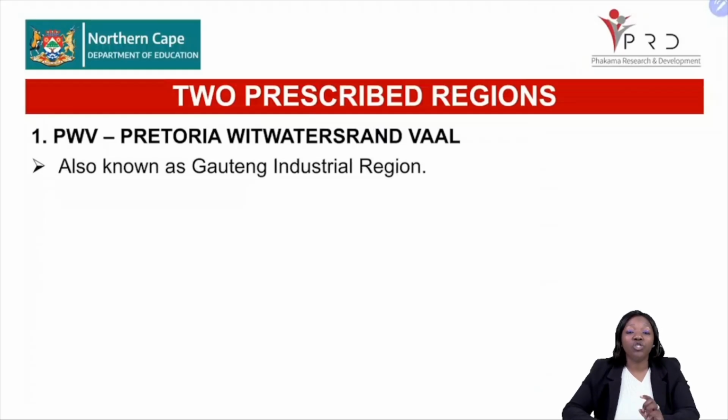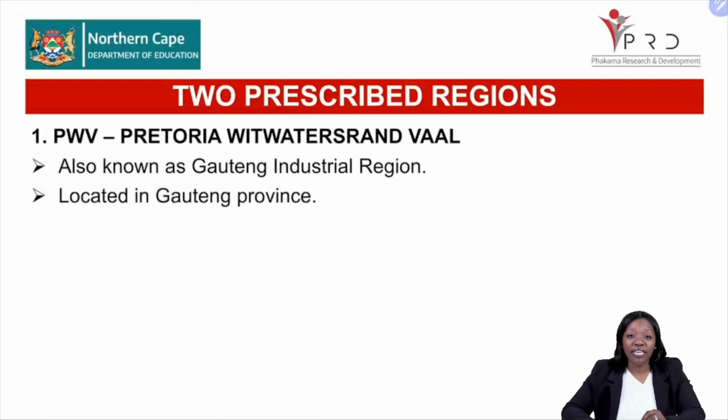It is also known as the Gauteng Industrial Region. Again, the examiner can ask, the PWV is also known as what? It is known as the Gauteng Industrial Region. Then secondly, it is located in Gauteng province.